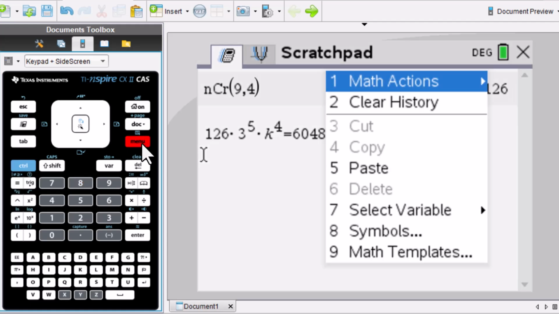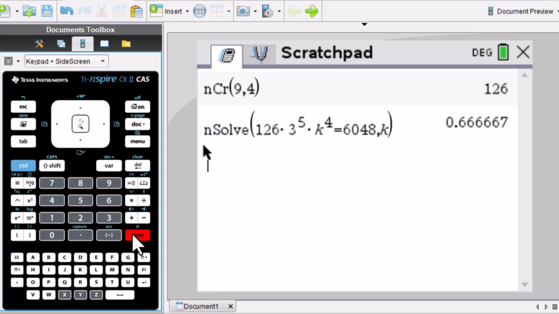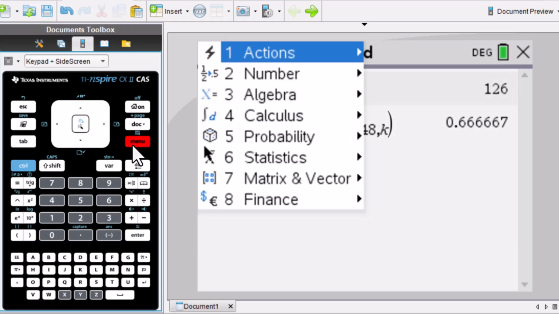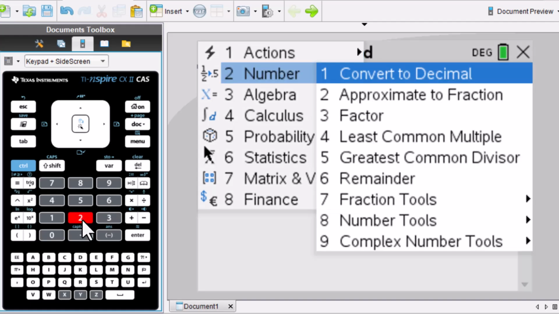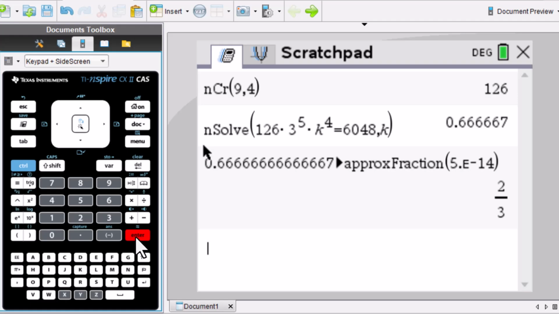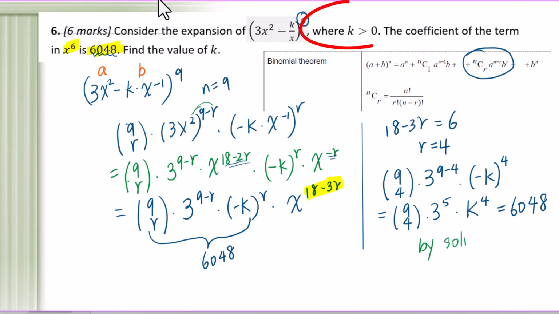Control menu, enter, enter, enter. Menu 2, enter. By the solver, k equals 2 over 3.